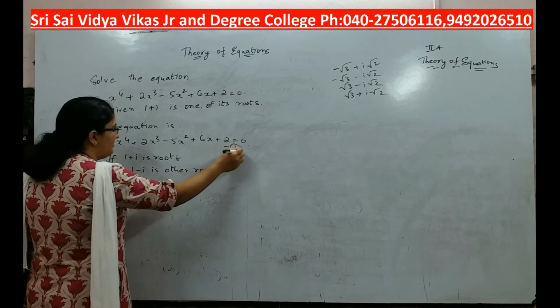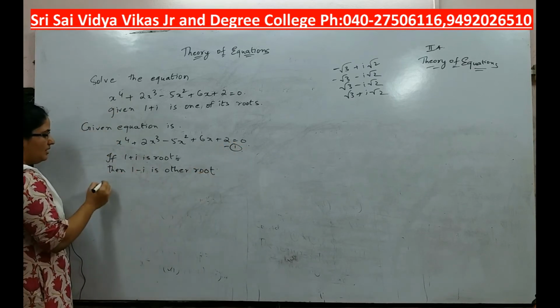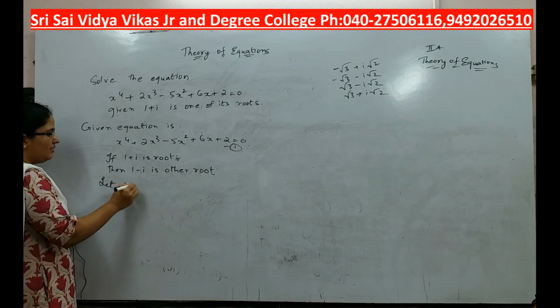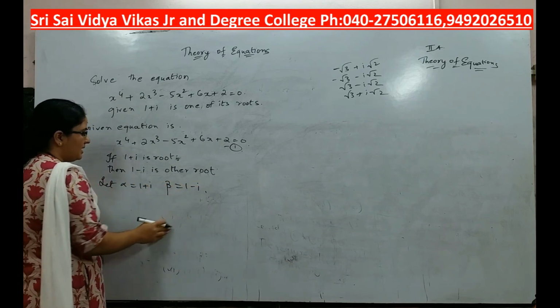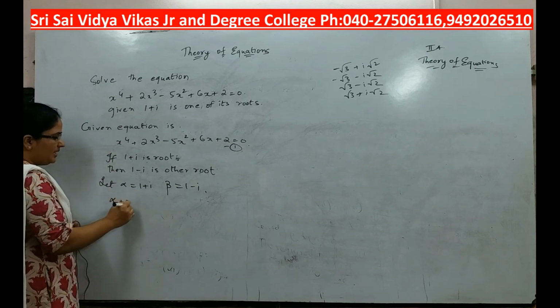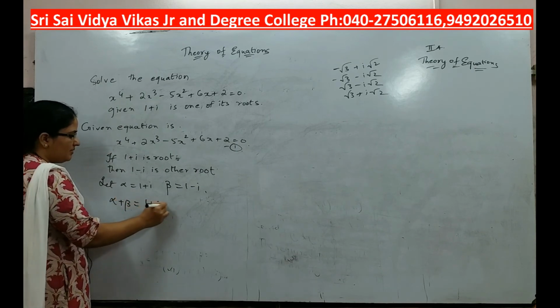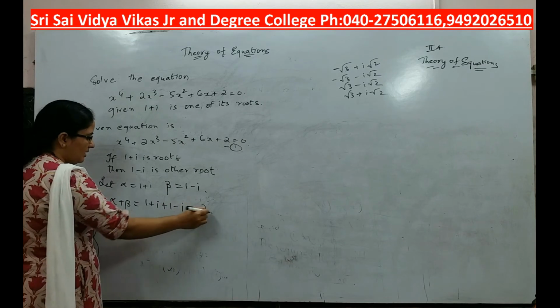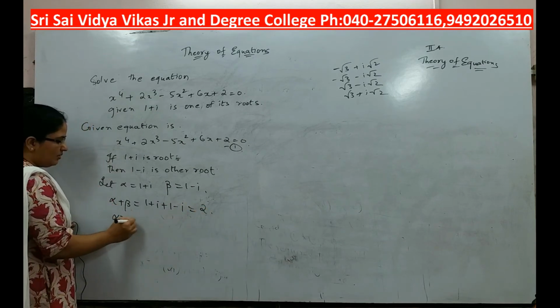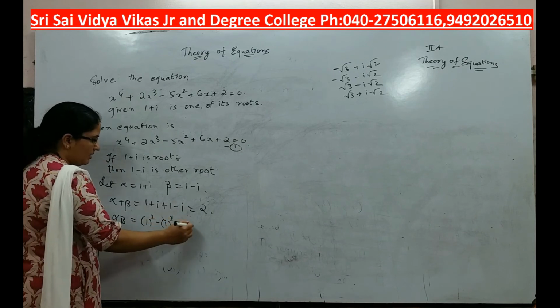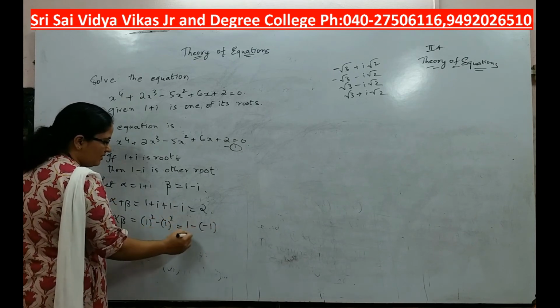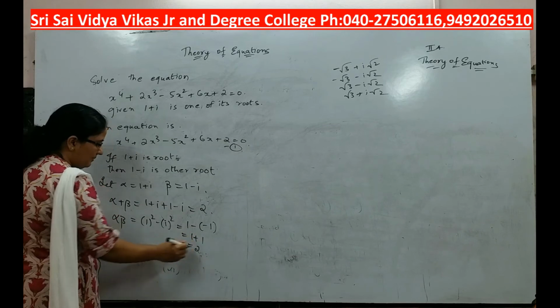Call this as 1. Let alpha is equal to 1 plus i, beta is equal to 1 minus i. Alpha plus beta is equal to 1 plus i plus 1 minus i, which is 2. Alpha beta is equal to 1 square minus i square, which is 1 minus of minus 1, which is 1 plus 1, that is 2.